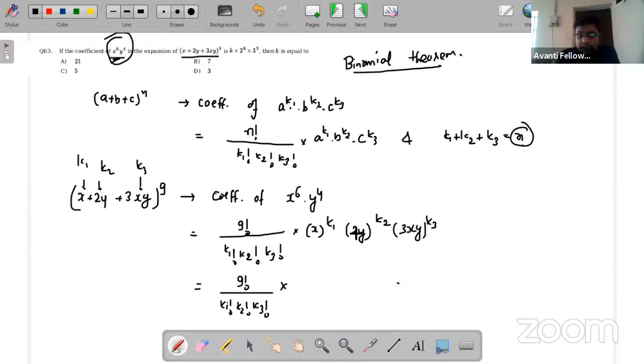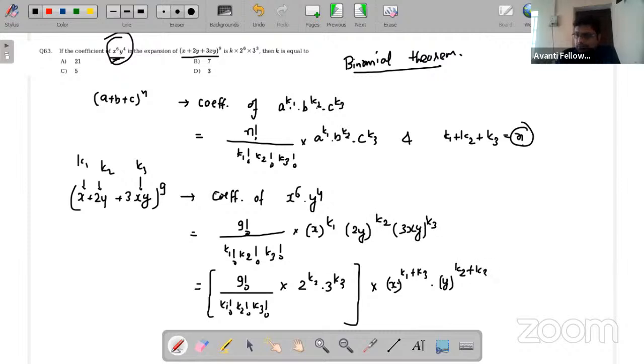Now from here we can see 2 to the power k2 is out, and also 3 to the power k3 is out. So this will be my net coefficient, and the remaining thing is x to the power k1. Here also x to the power k3 will be there, so k1 plus k3 will be the net power of x. Similarly, the power of y will be k2 plus k3.